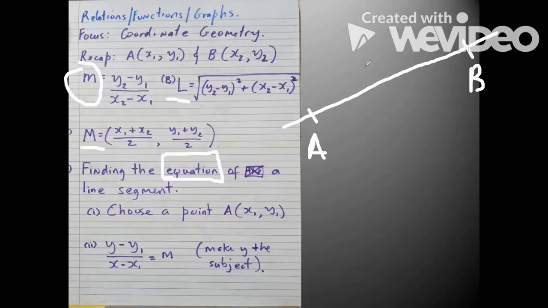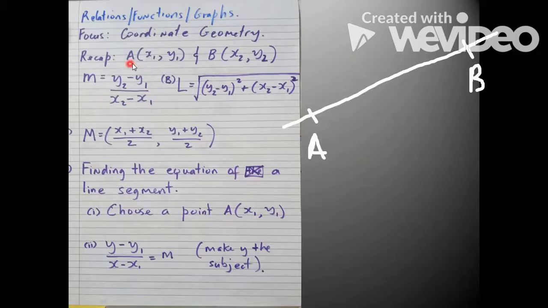All right, so we're going to look at how to find the gradient. I remember I said that the gradient can either be positive or negative. If it's positive, it will be falling to the right, like this one, and if the gradient is negative, it will be falling to the left. All right, so the gradient is this formula here.